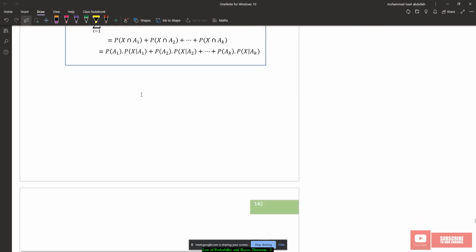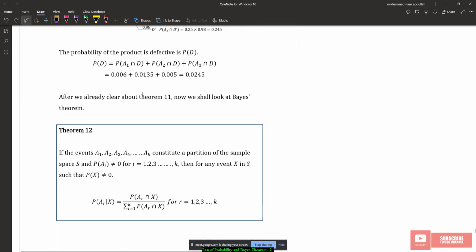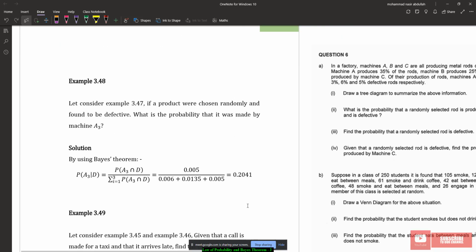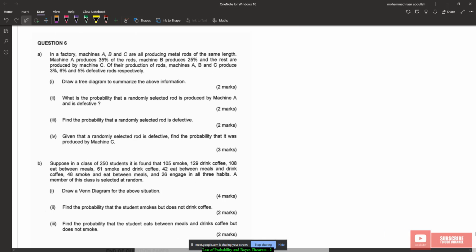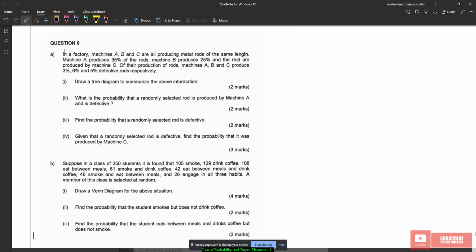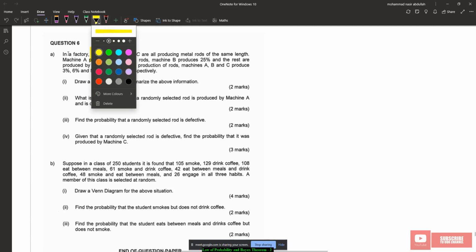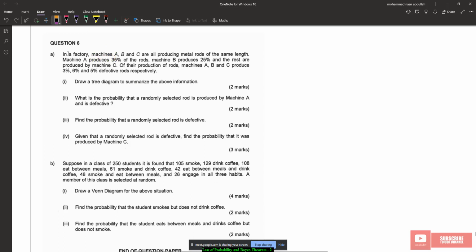So let's look at a final exam question. Okay, let's look at this question. Okay, in a factory, machines A, B and C are all producing metal rods of the same length.